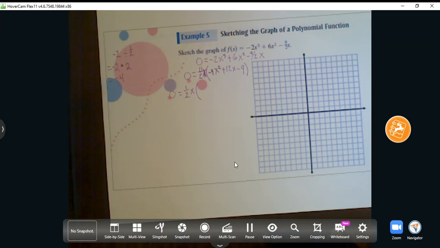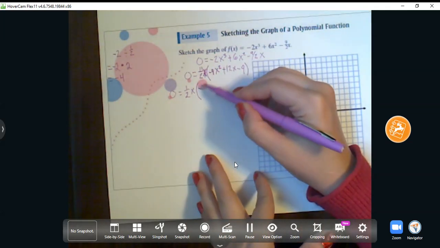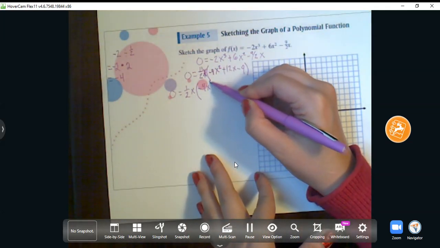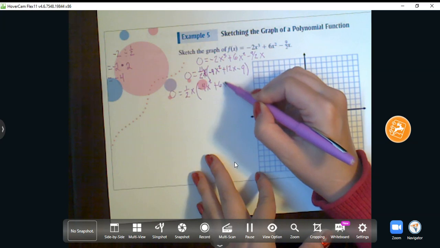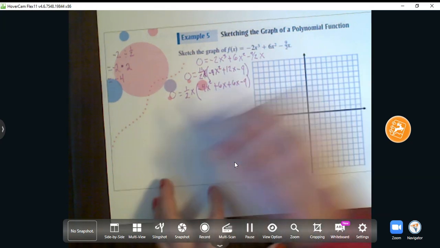And so it's going to be 6 and 6. So we would have -4x squared plus 6x plus 6x minus 9.